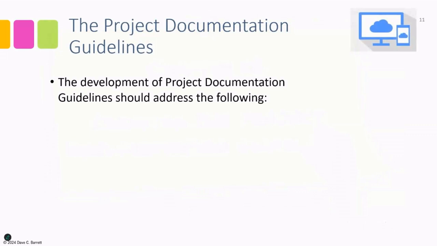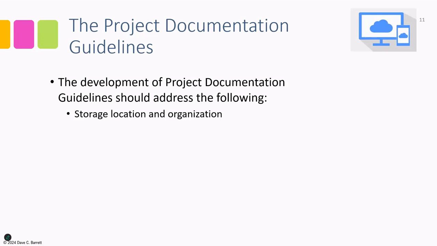So the development of project documentation guidelines should address the following type of information. The storage location and organization. That is, where are the documents going to be? They shouldn't just be scattered across people's PCs and laptops, haphazardly.